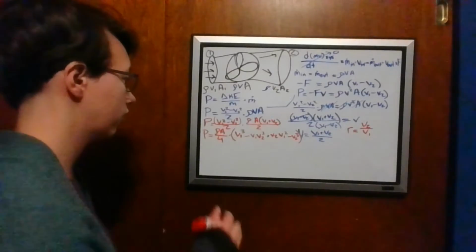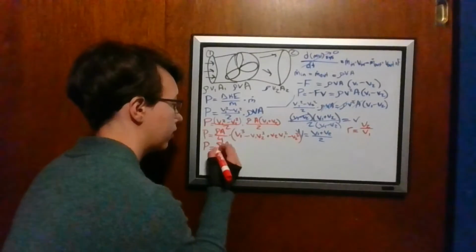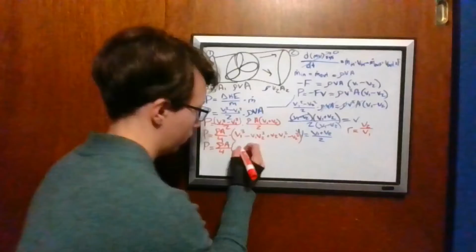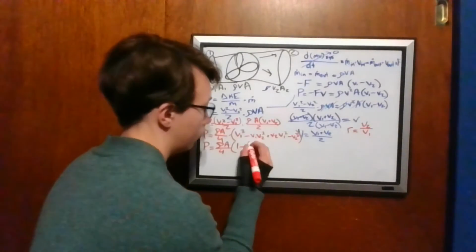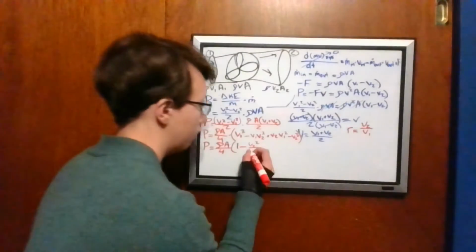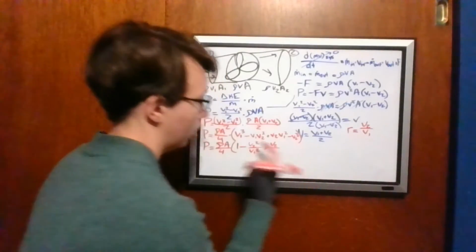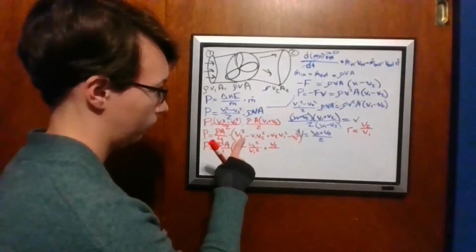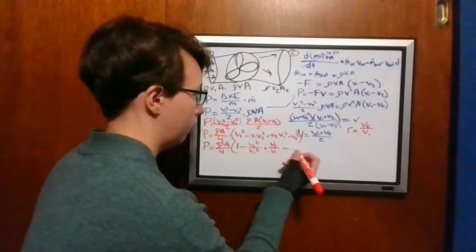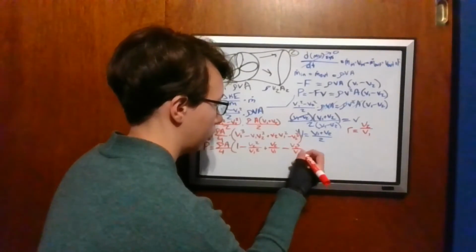So we have our power is equal to rho times the area over 4 times 1 minus, so it's V2 squared divided by V1 cubed, one of these cancels, we get V1 squared, that's V2. So V1 squared divided by V1 cubed is V1. And then minus V2 cubed over V1 cubed.